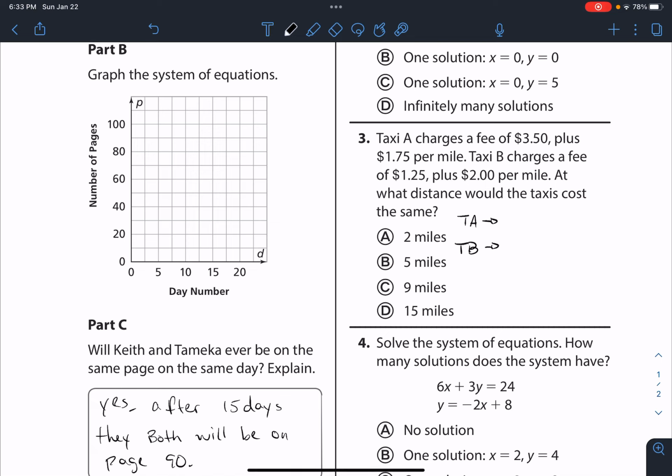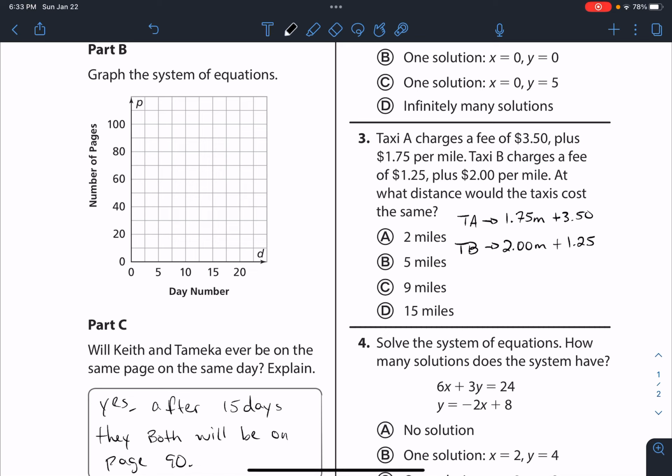You'd write two equations for that. The first one charges $1.75 per mile plus the $3.50 before they even move. That's just the charging fee. And then taxi B does something similar, but they charge $2 per mile, and only $1.25 to start off.